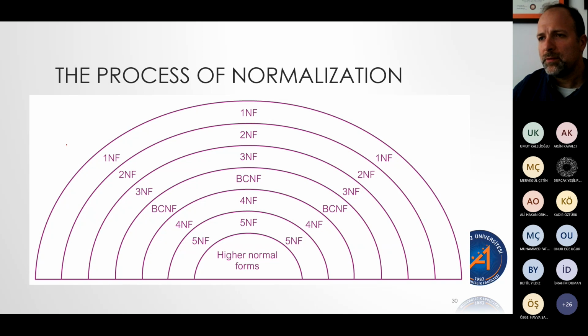We start with the UNF database, the unnormalized form, and bring it into first normal form. Then we bring it into the second and the third, and then Boyce-Codd, fourth, fifth, and other higher normal forms.